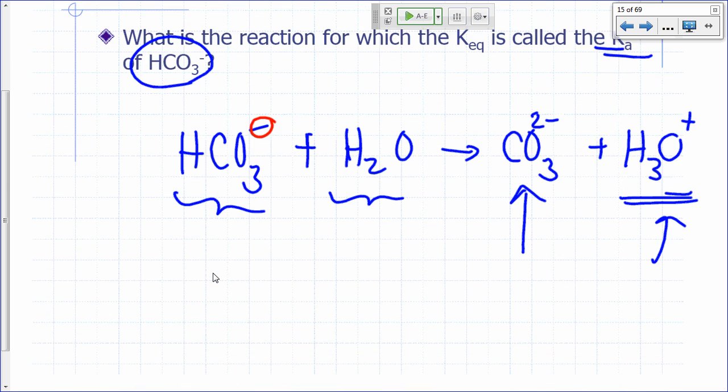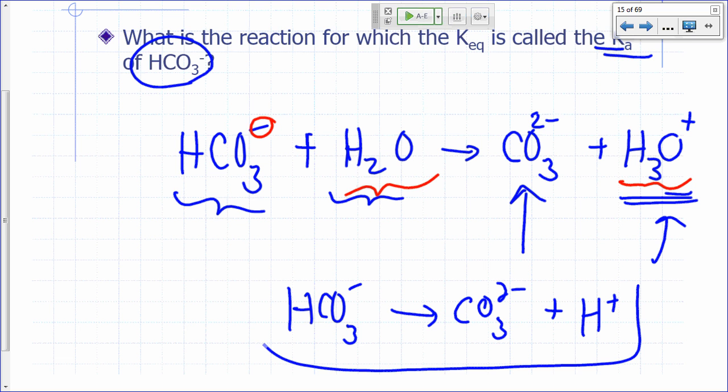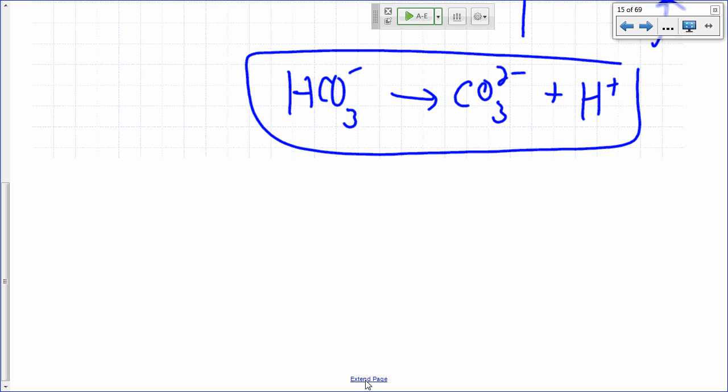How can we abbreviate this? You can leave out the water and you can just abbreviate this as H plus. So you can say HCO3- yields carbonate plus H plus. What's the expression for Ka for this? The equilibrium constant. Ka then is equal to what?